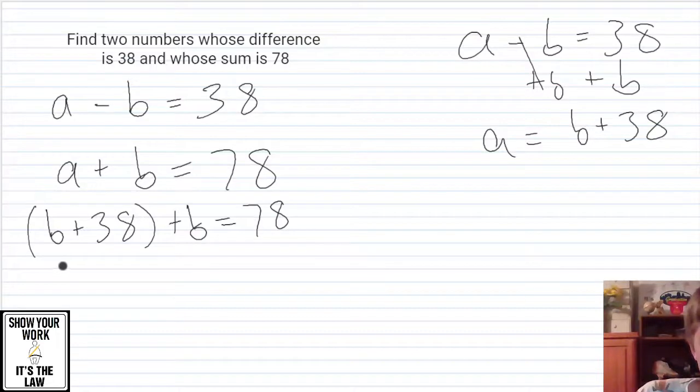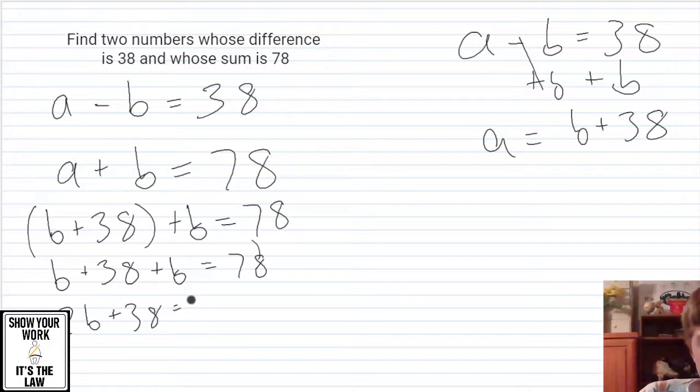Combine like terms. Well, there's nothing to distribute on the parentheses, so we can drop them. Combine like terms. B plus B is 2B plus 38 equals 78. Dang, what's going on?